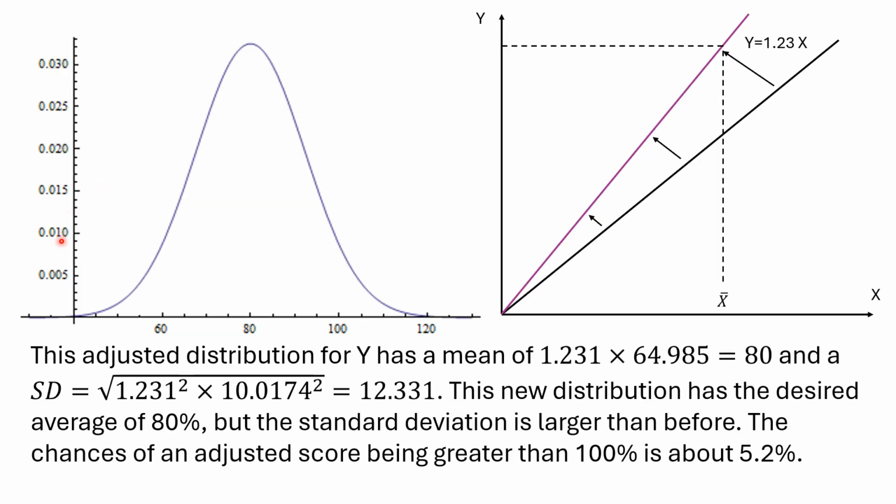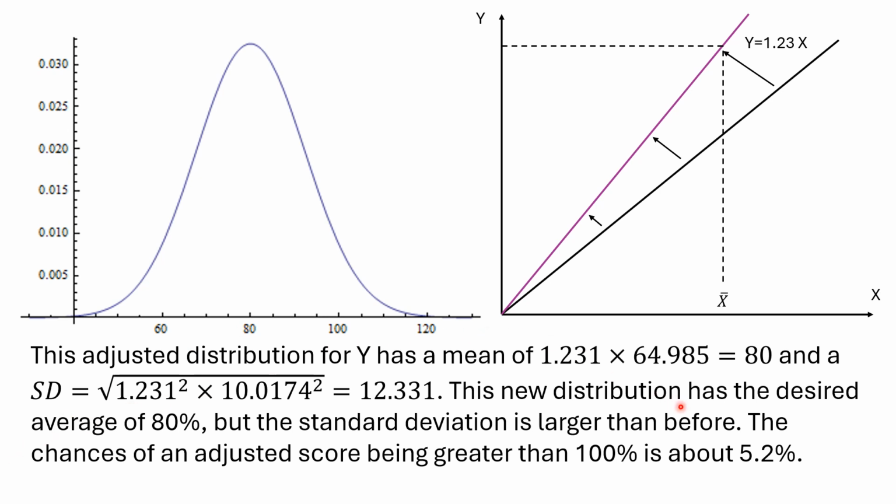The graph on the left presents the distribution of the transformed values of y, or the adjusted scores, from the original values, which had a mean of 65 and a standard deviation of 10. We can see here that the distribution of the y's appears fairly normal, and the mean is 80, which is what we wanted. And that's all well and good.